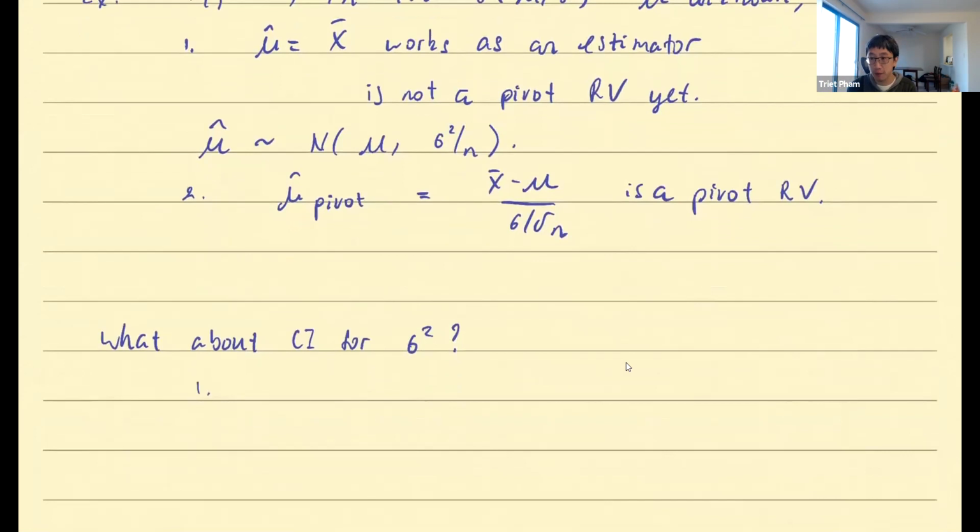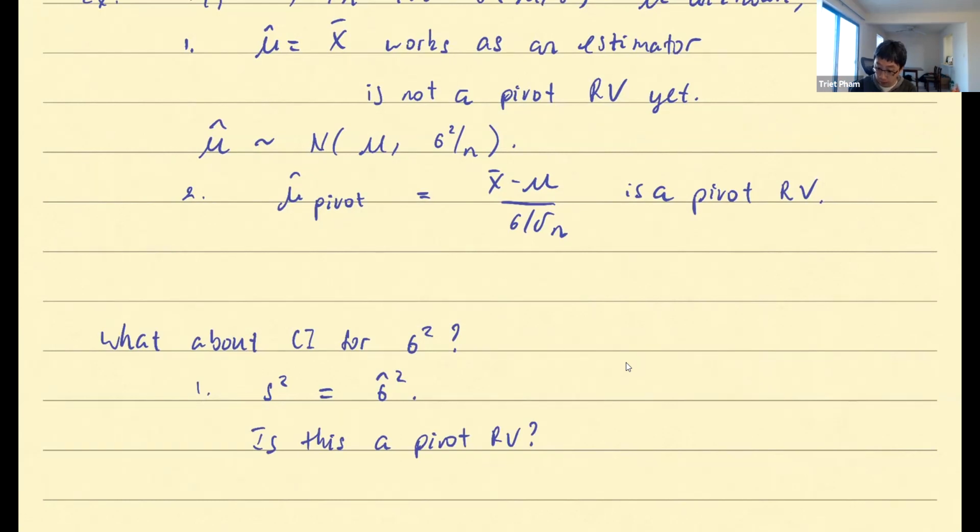Yeah, and what is the estimator for sigma square? Very good, right? So S square is sigma hat square. Is this a pivot? Not yet, right? Not yet, because, if you have studied for the midterm, you probably have gotten this by now, what is the distribution of S square? Actually, we don't have a distribution for S square.